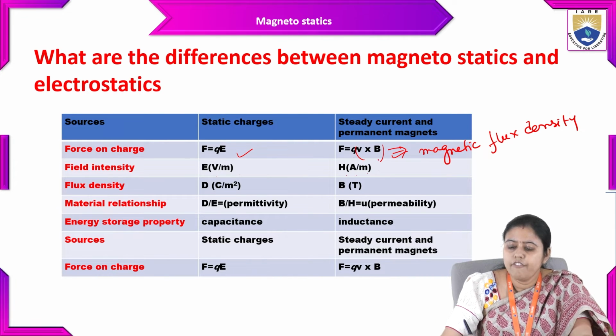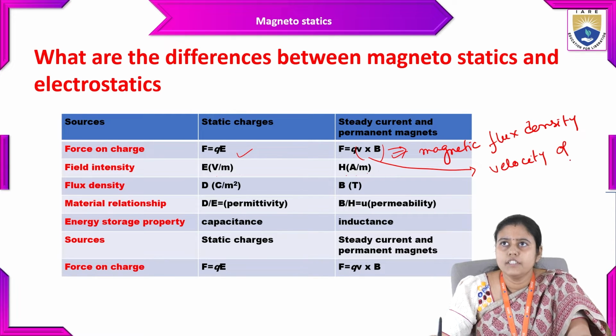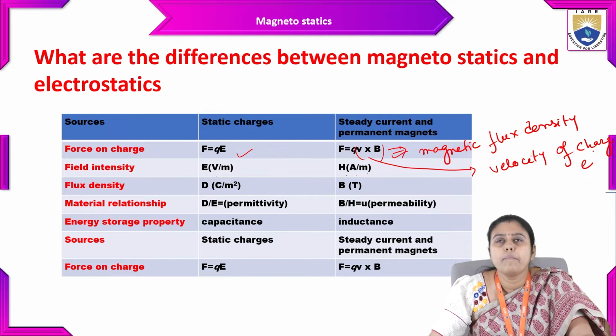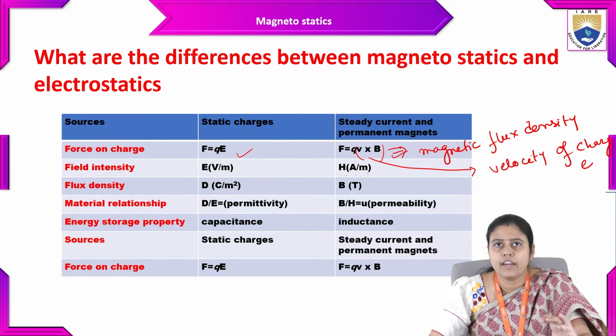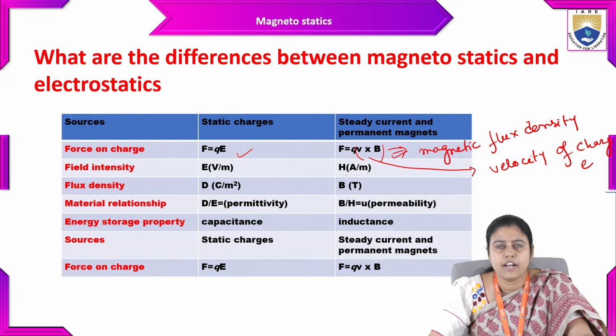V is nothing but the velocity of charge, because when the electrons flow in any conductor, current flows in the opposite direction. So we take the velocity of charge.